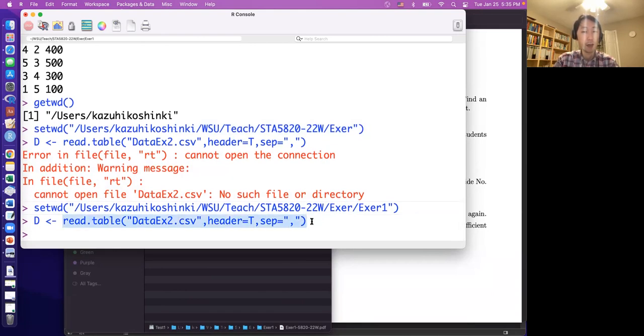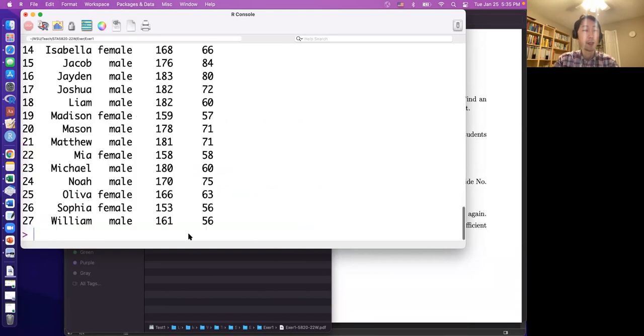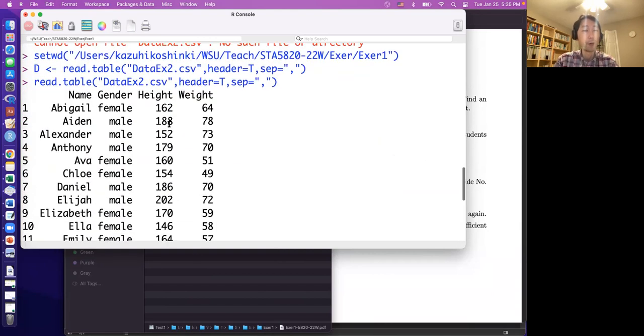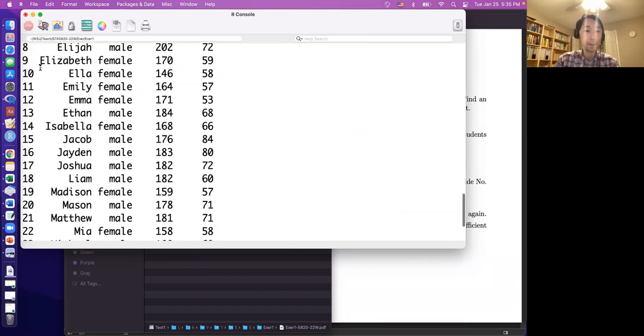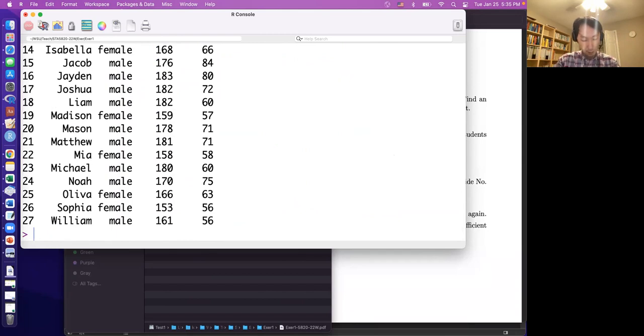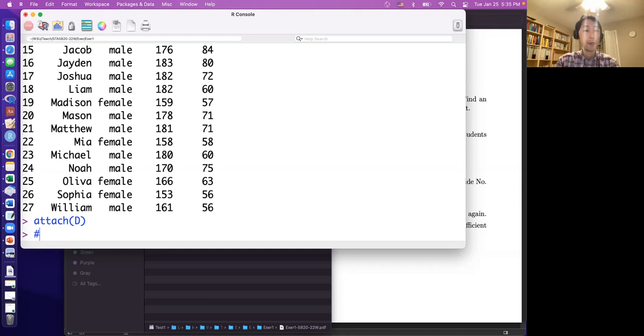If you just type this read.table, you can see the data, but you can only see the data. If you want to do analysis on this, then you have to name this D, then do something with D. And attach D, so that makes all local names into global names.